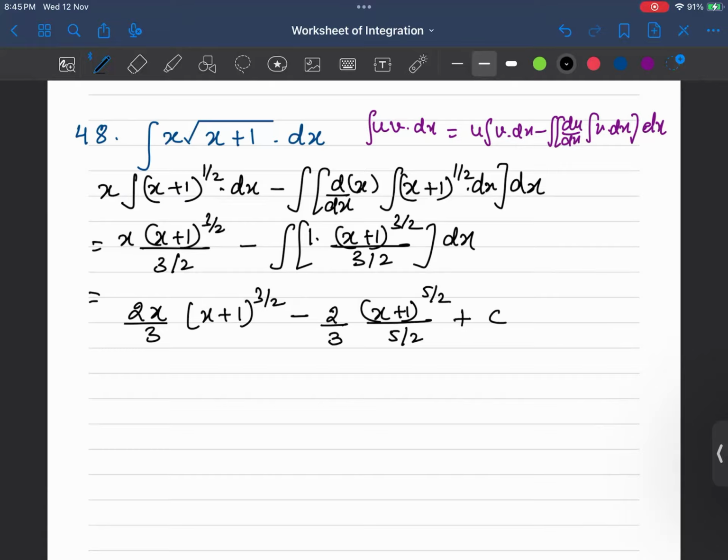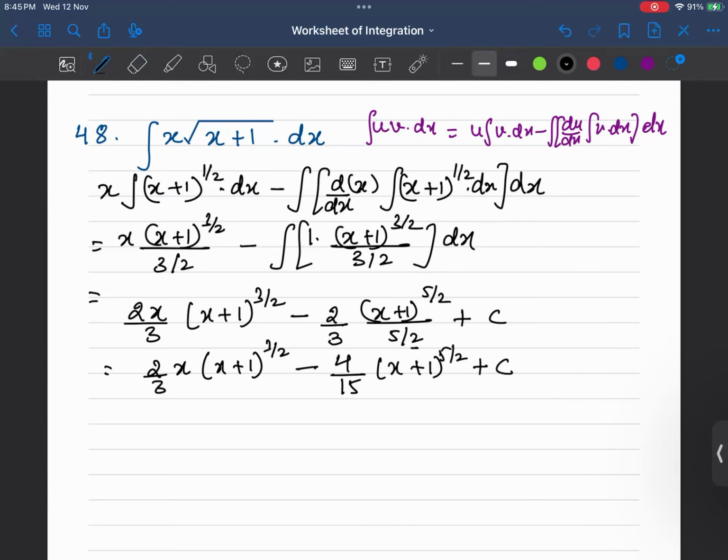If I write it properly, it would be 2 upon 3 x times x plus 1 power 3 by 2, minus, it would be 4 upon 5 times 3, which is 15, x plus 1 power 5 by 2, plus c.